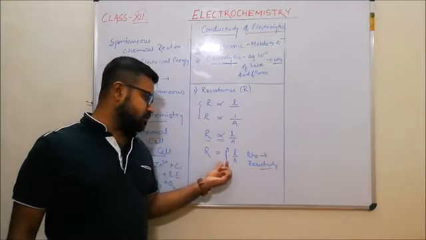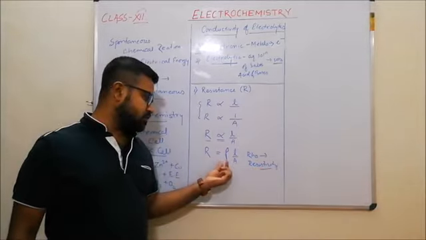Now you see, if we take the length of the conductor equal to 1 centimeter, and the area of cross section 1 centimeter square, and we put this here, what will we get? That resistance is equal to resistivity.